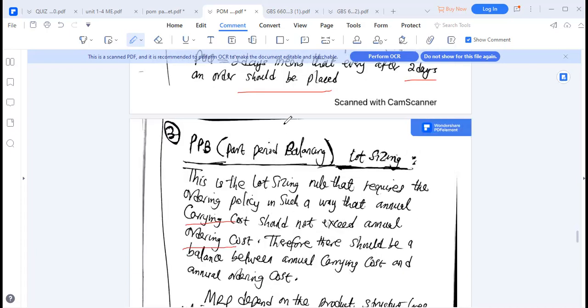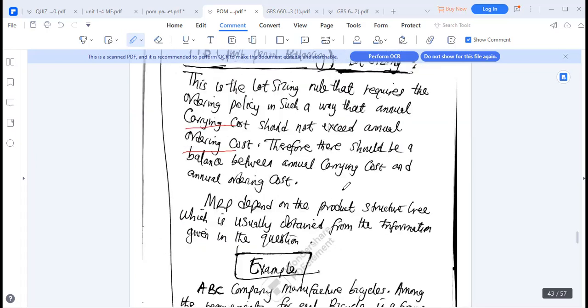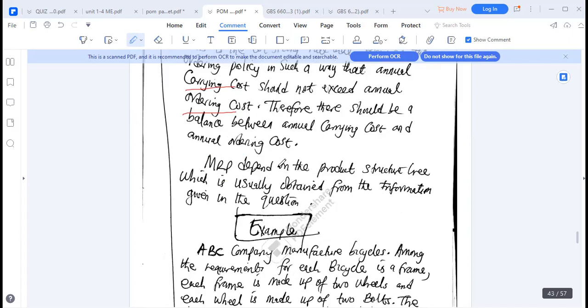So carrying cost should be less than or equal to ordering cost. This is the objective of part period balancing. So we are balancing the carrying cost or holding cost and the ordering cost. So MRP depends on the product structure tree, which is usually obtained from the information given in the question.